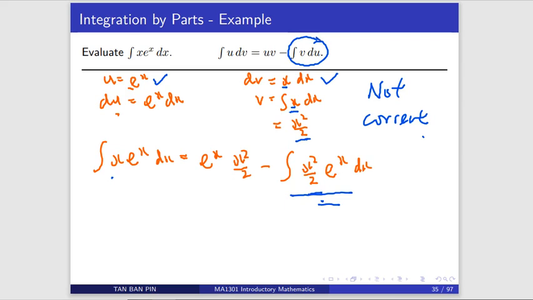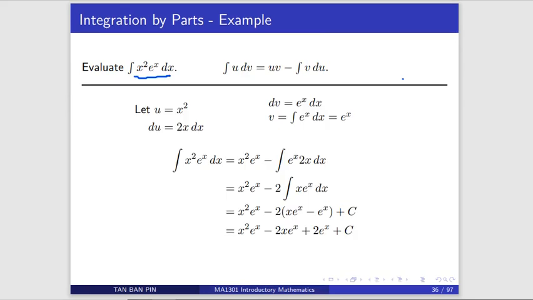Then the right hand side, after you apply integration by parts, the integral will be x squared over 2 e^x, which is an integral difficult to integrate. So with this experience, you'll know that you should choose u to be the x term.